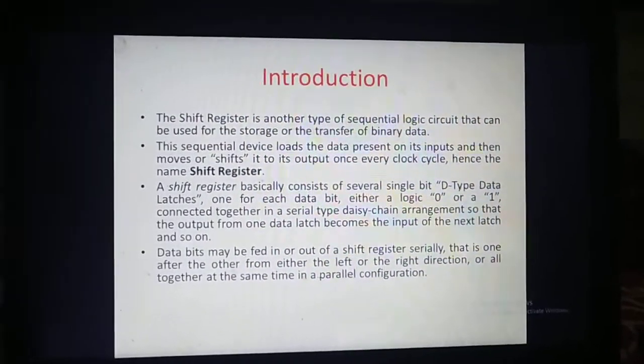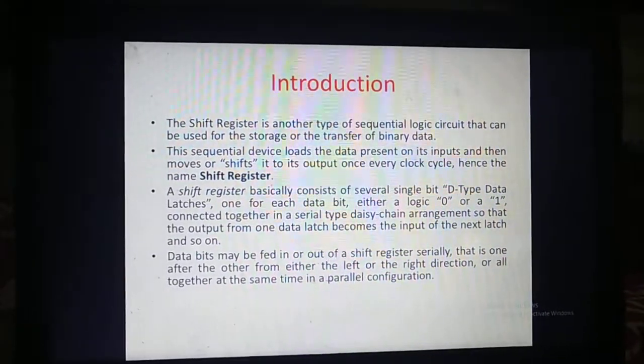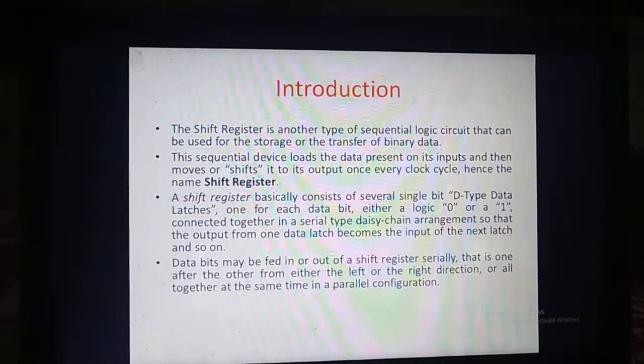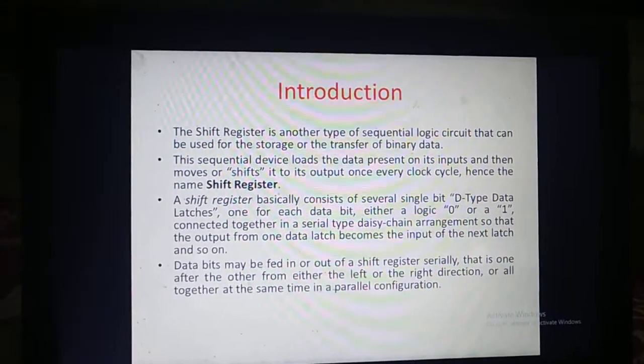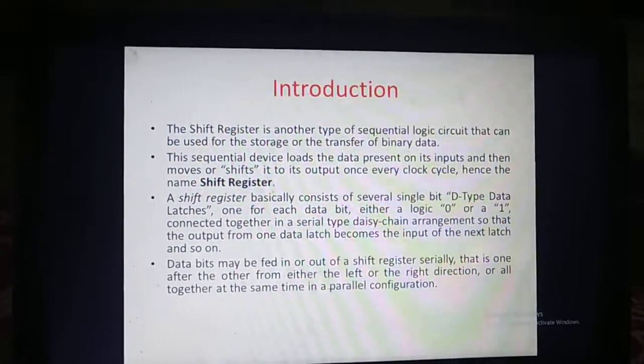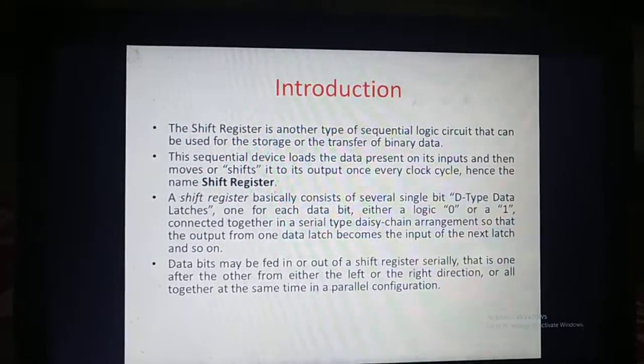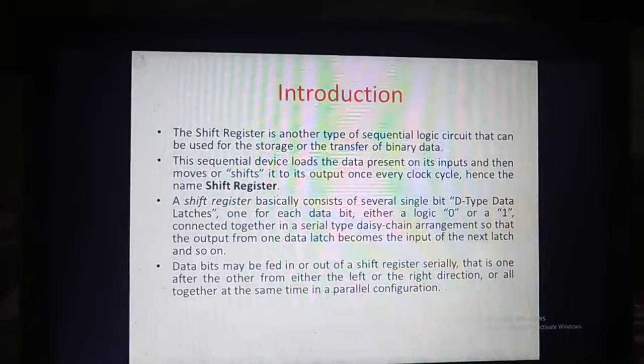So we have a name, that is shift register. It has two functions. One is register, that means to store the data, and another operation is shifting, means it stores data with shifting operation.